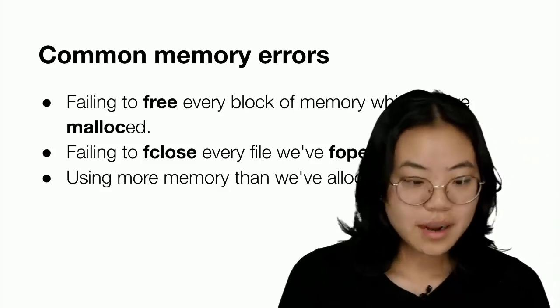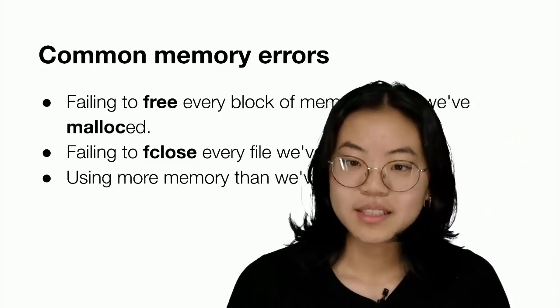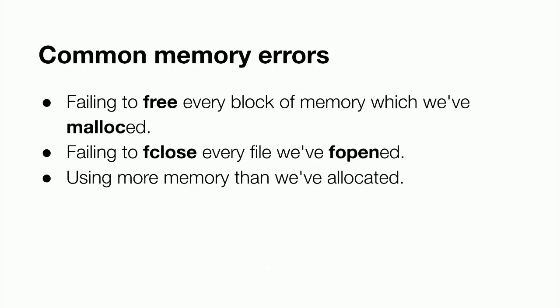A few more memory errors that are pretty common, just like the one we just saw, is failing to free every block of memory which we've malloced. So if I didn't have that free call at the end, then that would be a memory error. Failing to fclose every file we've fopened. We're going to see in a second, working with files, we also need to make sure that we're dealing with that memory correctly.